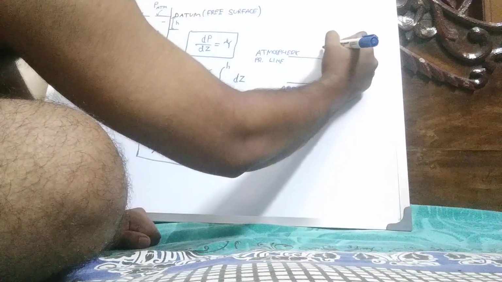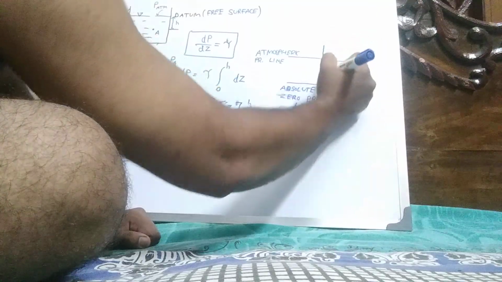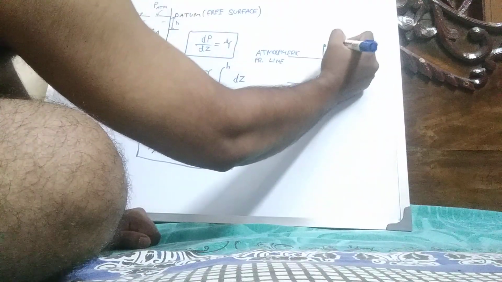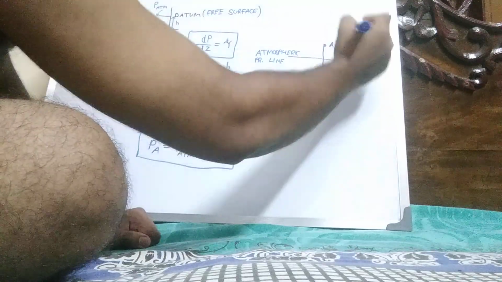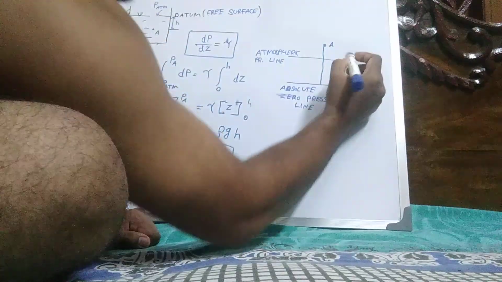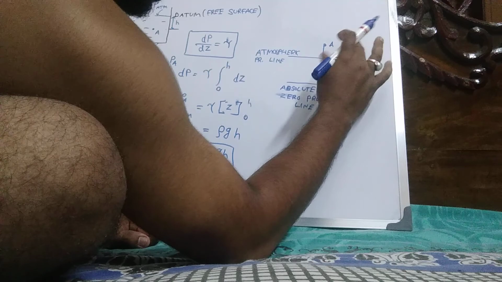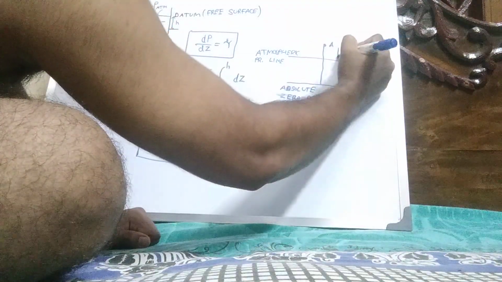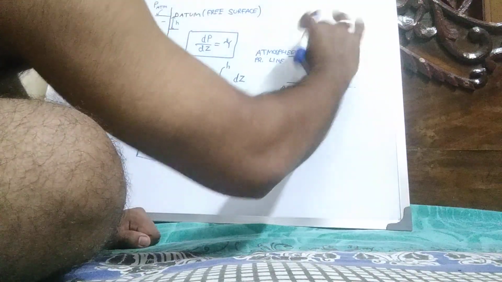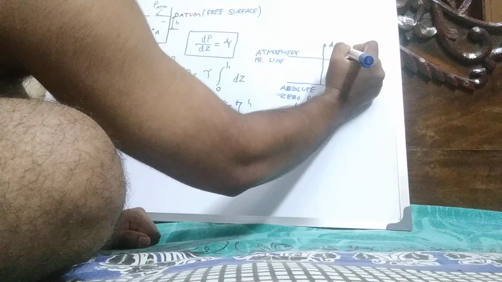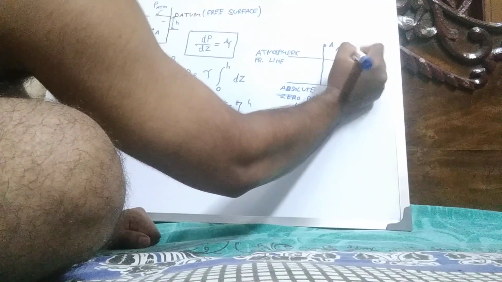Suppose this is point A, this is the absolute pressure, and this is the gauge pressure.